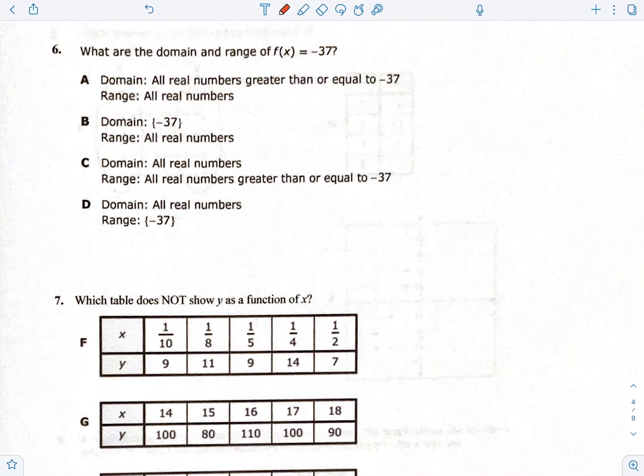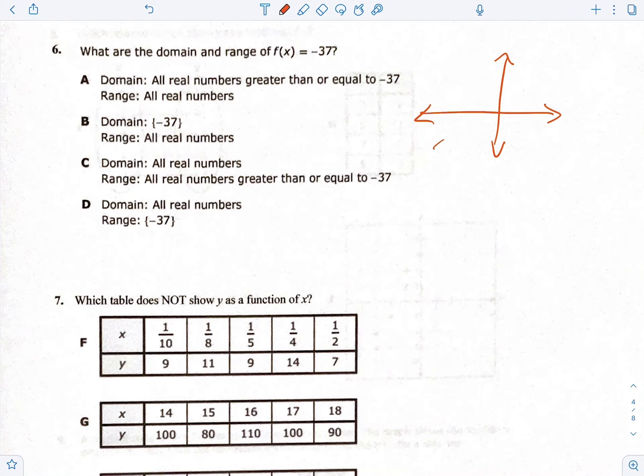All right, it says, what are the domain and range of f of x equals negative 37? We talked about this on Friday, right? We plugged it in the calculator, saw our nice little graph, and looked at the table to determine this.